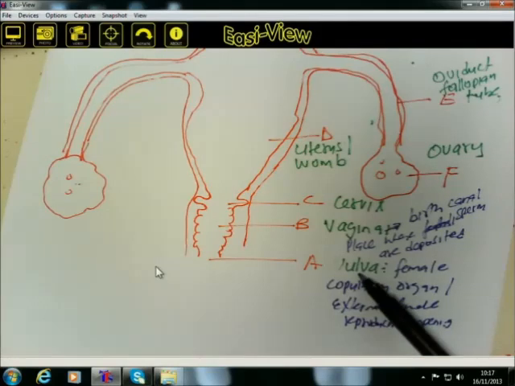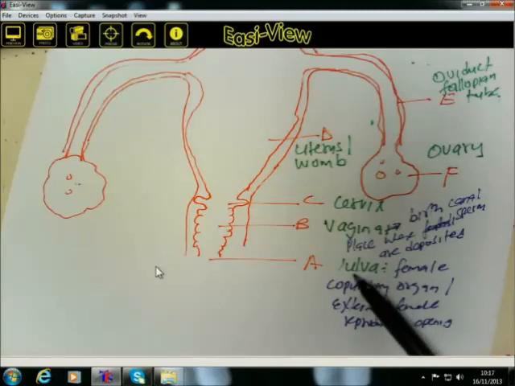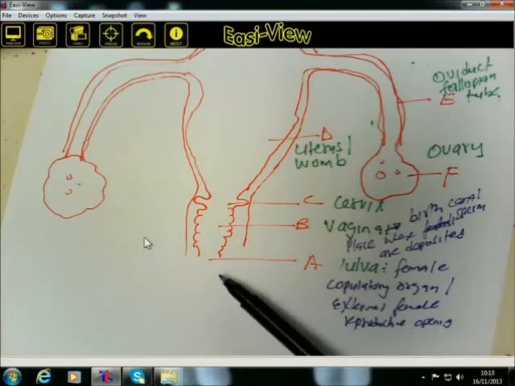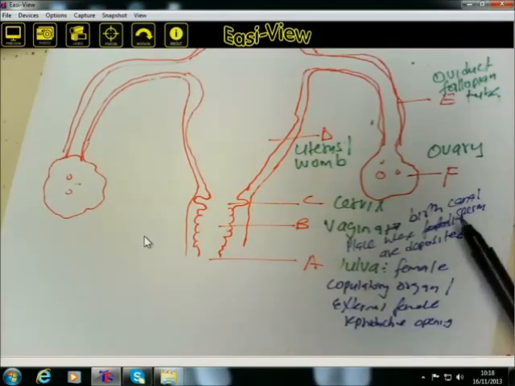This one is a female copulatory organ. It's an external female opening, whereby when the penis is inserted into this area, it is an entrance of the female reproductive system. So here, the vagina is a birth canal, and it's also a place where sperm cells are deposited.